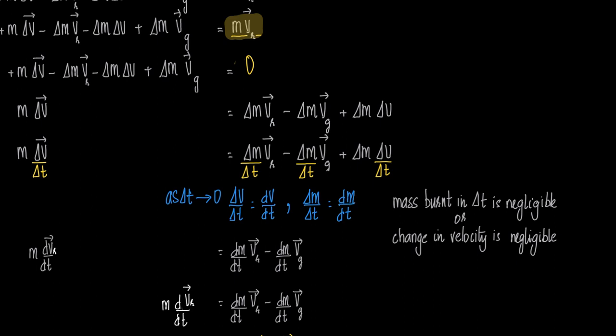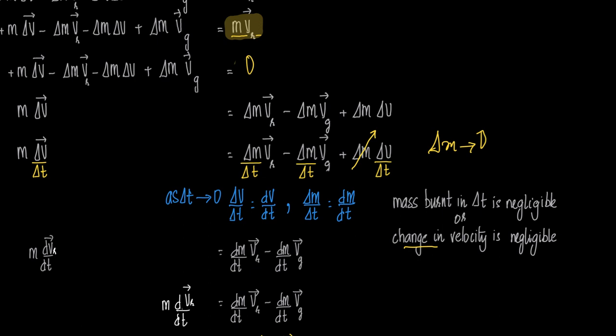Now, what we also need to understand is that as the time in which the mass is burnt, delta t, is negligible, we can say that delta m tends to 0. We can also say that the change in velocity in this time delta t is also equal to 0.